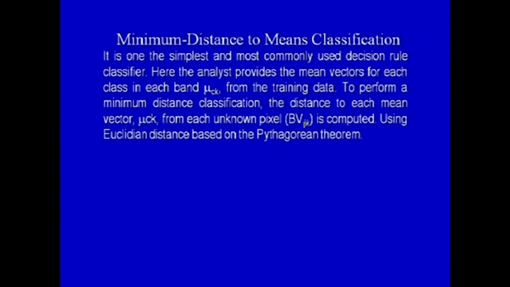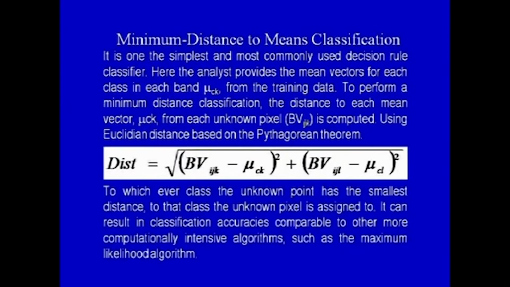To perform a minimum distance classification, the distance to each mean vector from each unknown pixel, represented as BV_ijk, is computed. Using the Euclidean distance based on the Pythagorean theorem, the distance between the unknown pixel and the respective class center can be computed by the following relationship as shown.